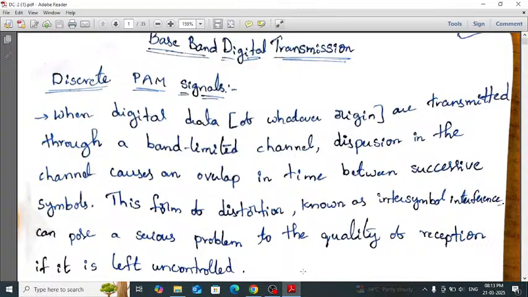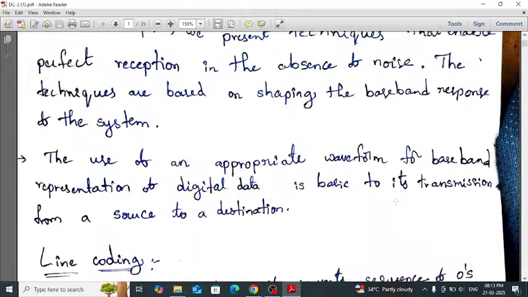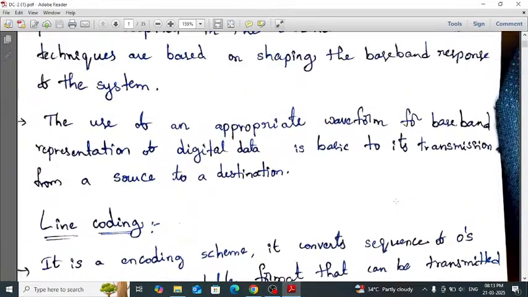When the digital data are transmitted through a band-limited channel, dispersion in the channel causes an overlap in time between successive symbols. This form of distortion is known as inter-symbol interference. So this is a serious problem in the quality of the reception. So in this chapter we are going to see how the waveform is going to represent the digital data.